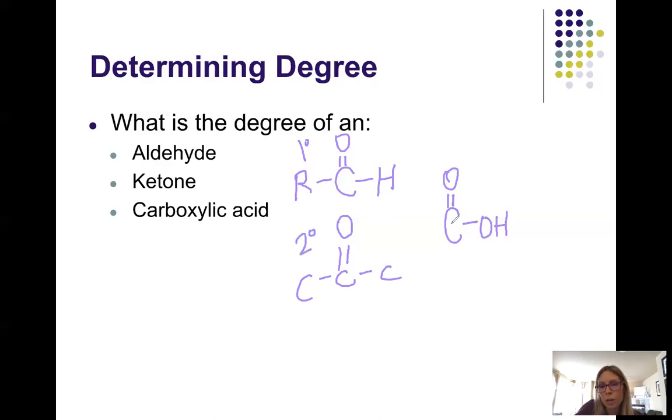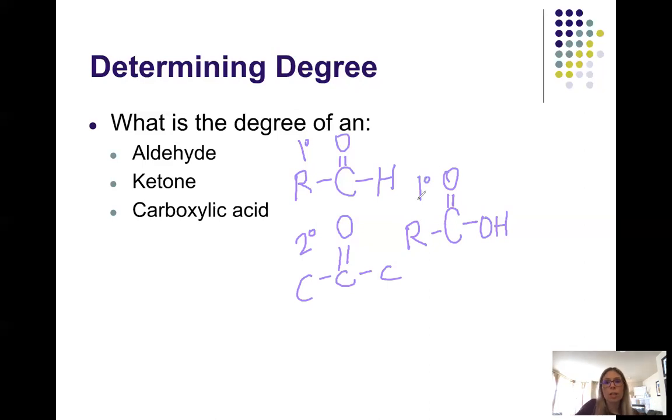And then over here, our carboxylic acid, I didn't draw our R group over here, but here's our functional group of the carboxylic acid, or the carboxyl group. And this carbon is only going to be able to be attached to 1 carbon from our R group, which means that this one is also 1st degree.